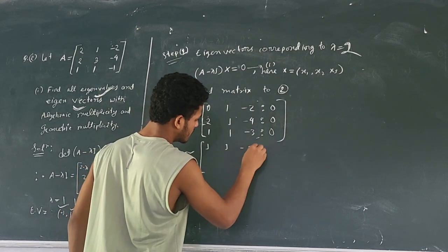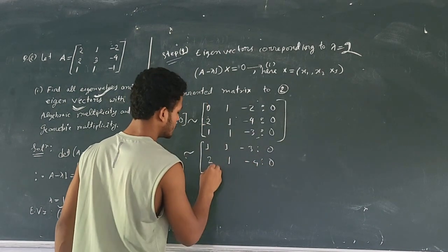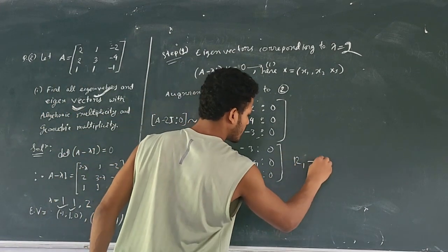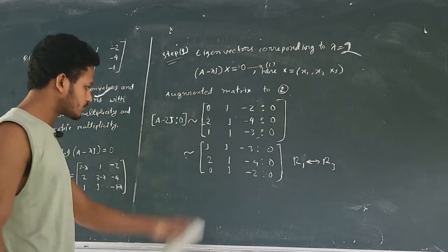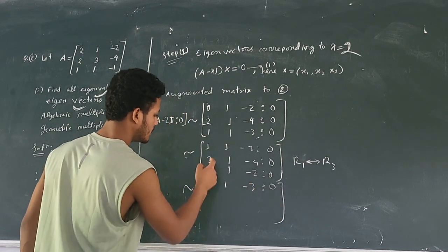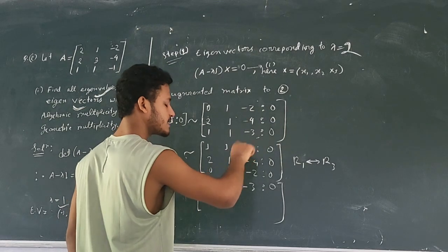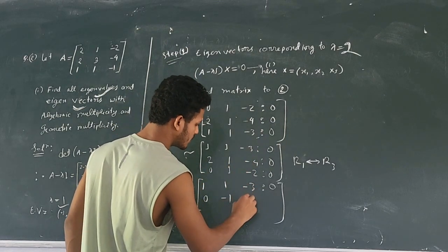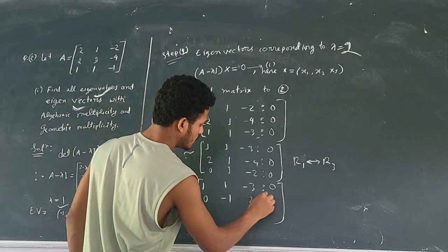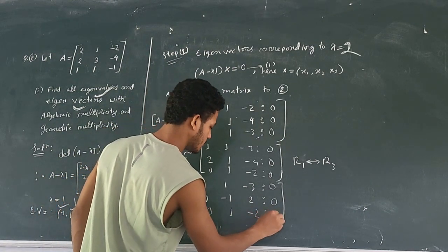First, shifting R1 to R3 and R3 to R1, you get 1, 1, minus 3, 0, and then 2, 1, minus 4, 0, and 0, 1, minus 2, 0. Then multiplying the first row by 2 and subtracting, the second row becomes 0, minus 1, 2, 0.